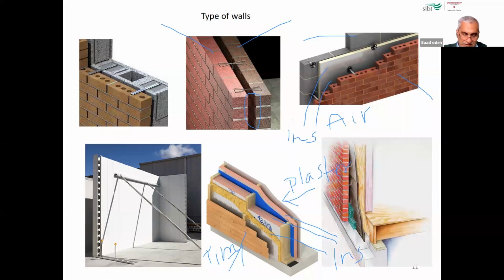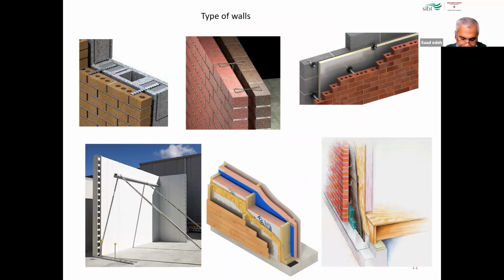The last one here, another design. This is actually another design of the wall. They call it brick veneer wall. So from outside brick and from inside plasterboard or gyprock. And most of the houses built here in Sydney is using this kind of design or this one.